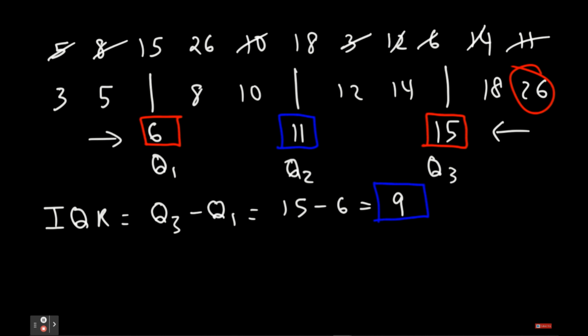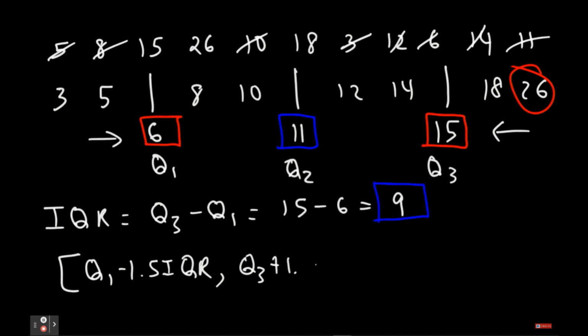Let's find out. What we're going to do is plug our data into this interval, Q1 minus 1.5 times IQR, and then Q3 plus 1.5 times the IQR value. So Q1 is 6, and the interquartile range is 9.